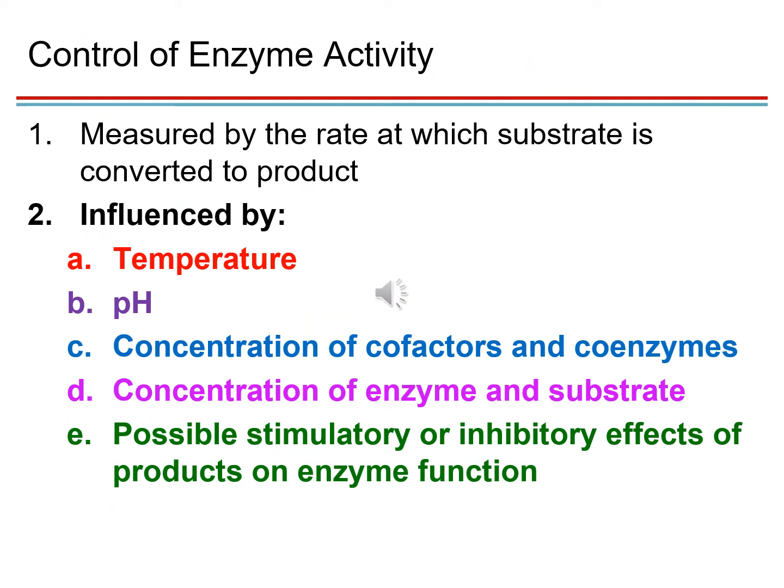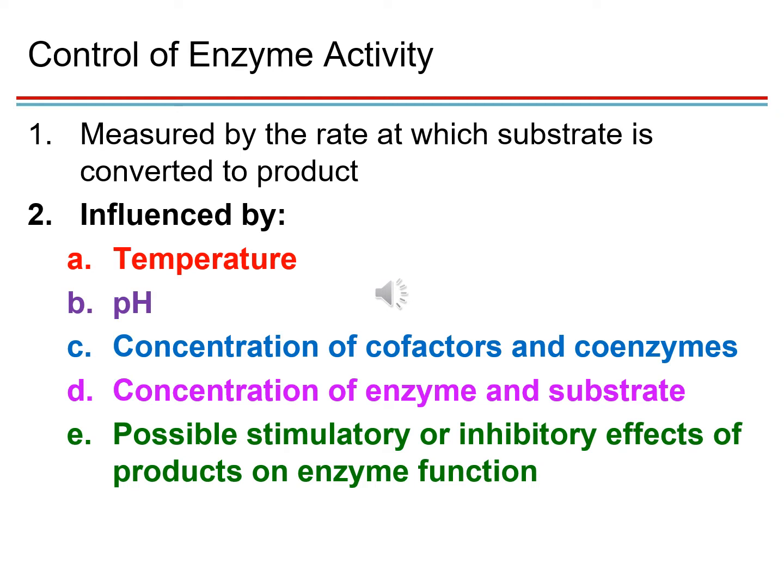The rate of activity of one enzyme is measured by the rate at which substrate is converted to product. So, in other words, the enzyme can be exposed to high activity, normal activity, lower activity, and everything in the middle.